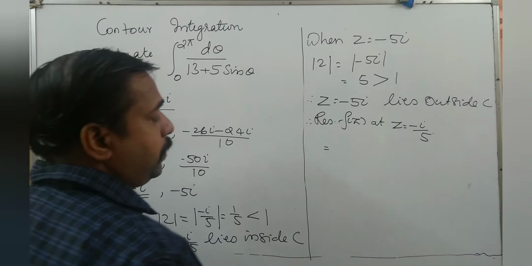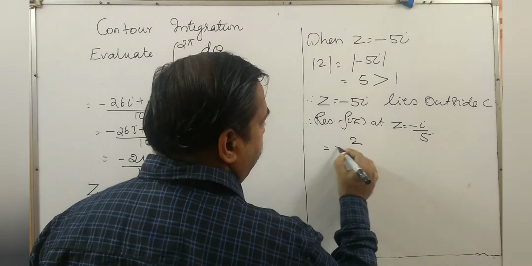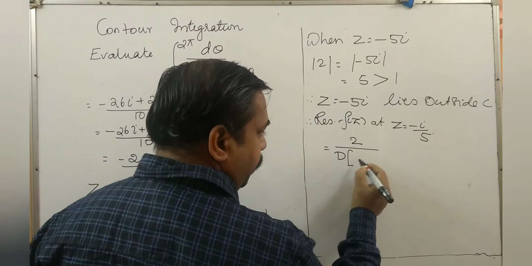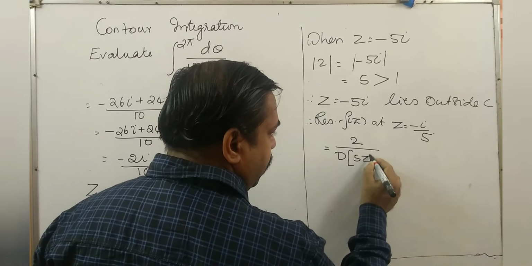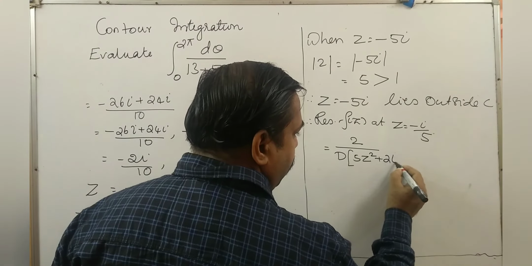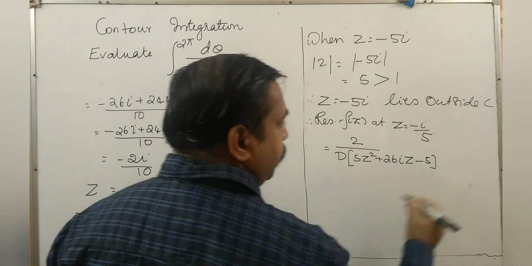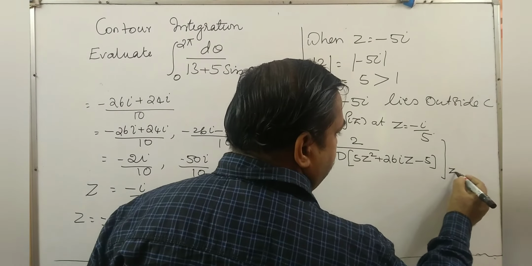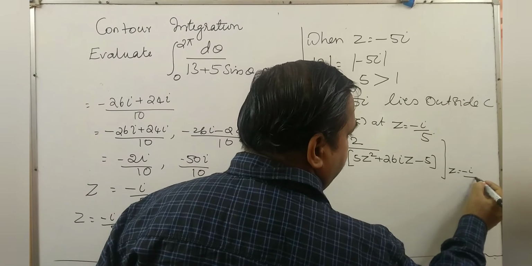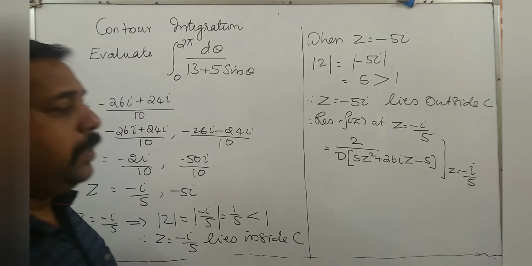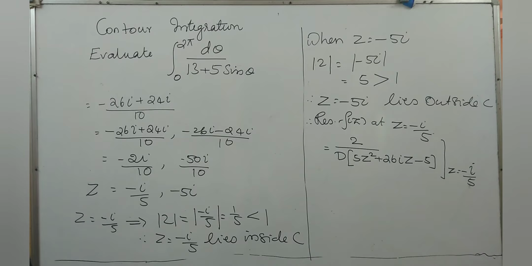Our equation is 2 divided by the differentiation of 5z square plus 26iz minus 5, at z equal to minus i by 5.